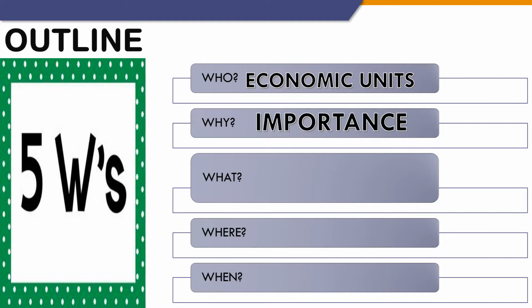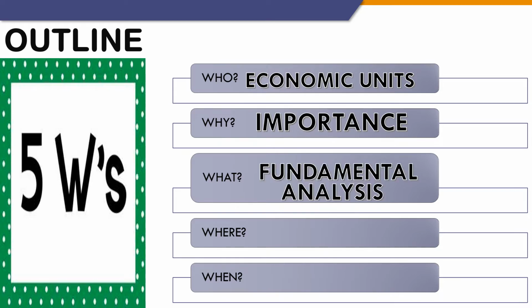And we need to look at why it is important for us to do macroeconomic and industry analysis, and what is the analysis that I am tasked to discuss. That would be fundamental analysis as one method of security analysis in order for the economic units to be able to decide on which investment will be best for them.